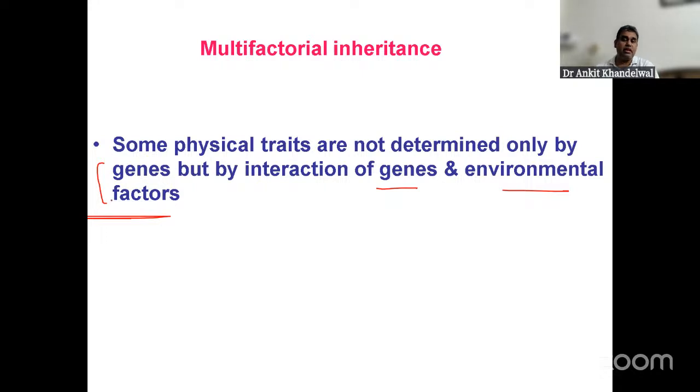It comes out to be multifactorial, which mainly includes environmental factors, which includes a lot of things. You might see researchers having twin babies, where one baby was raised in another country or in another setup, and they both behave a bit differently later on.